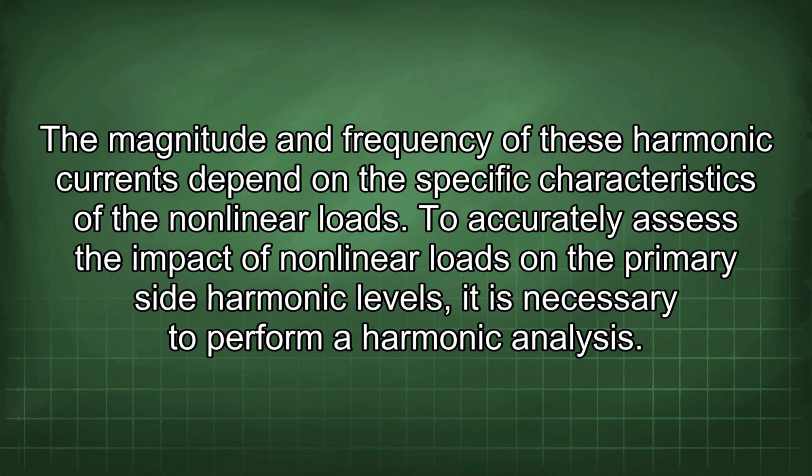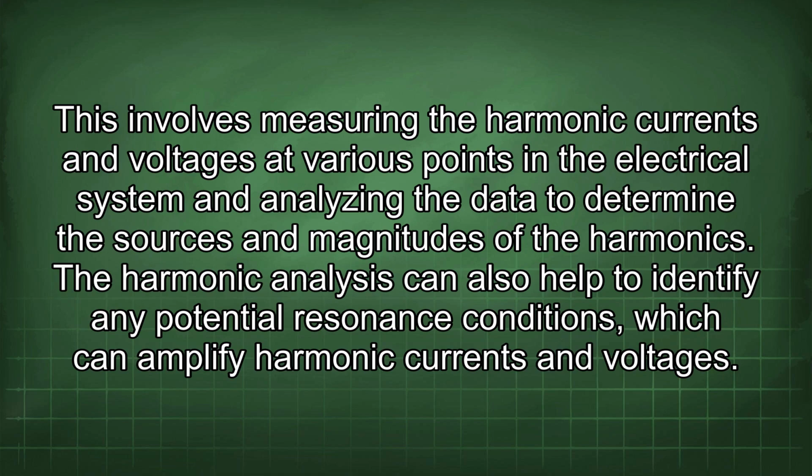To accurately assess the impact of nonlinear loads on the primary side harmonic levels, it is necessary to perform a harmonic analysis. This involves measuring the harmonic currents and voltages at various points in the electrical system and analyzing the data to determine the sources and magnitudes of the harmonics.